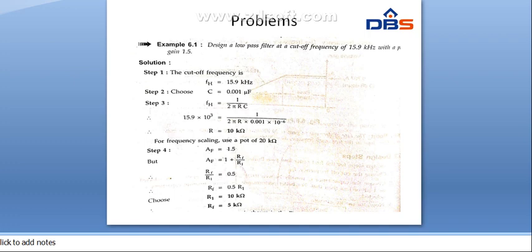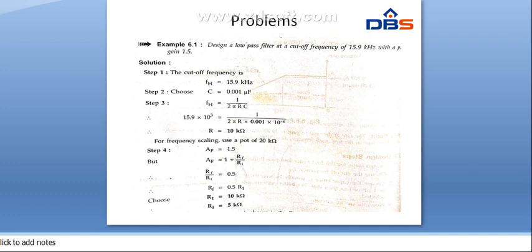We know that in the low pass filter fH is 1 by 2 pi RC. Substituting the values, 15.9 into 10 power 3 equals 1 by 2 pi R into 0.001 into 10 power minus 6. From this we get R equal to 10 kilo ohms.